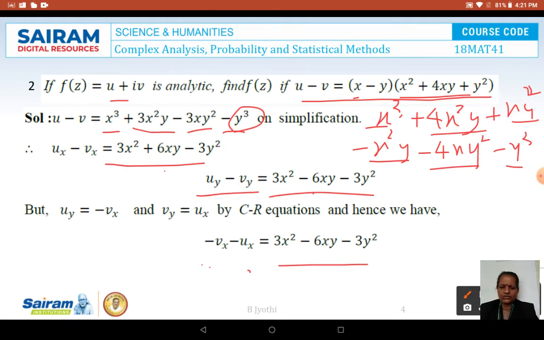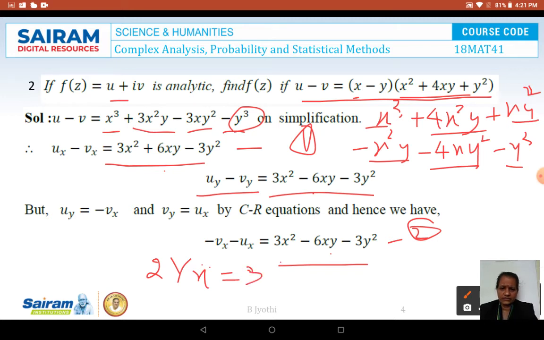When I add the two equations, this as one equation and this as the other equation. Supposing if I add these two equations, what happens? We will be cancelling this ux and ux. We get 2 times vx is equal to, I am adding, so 6xy cancels.